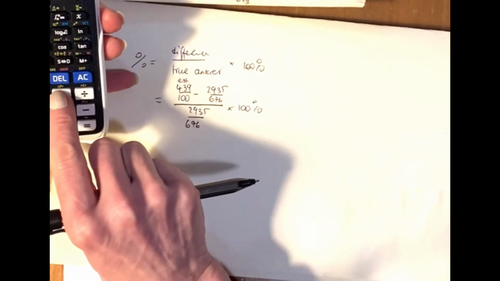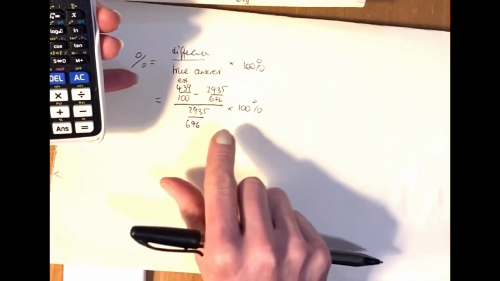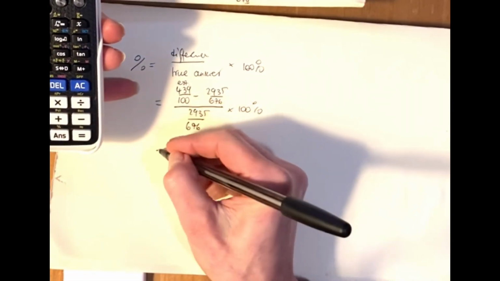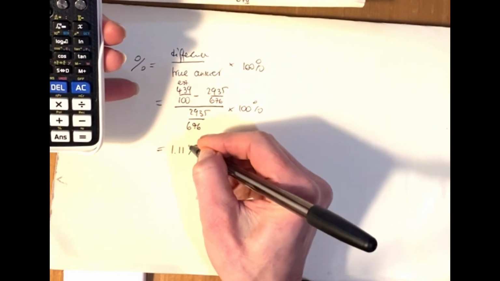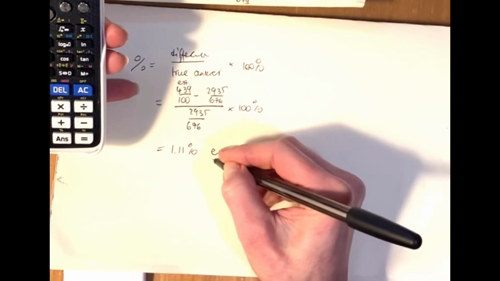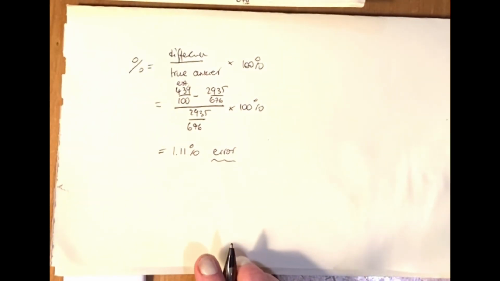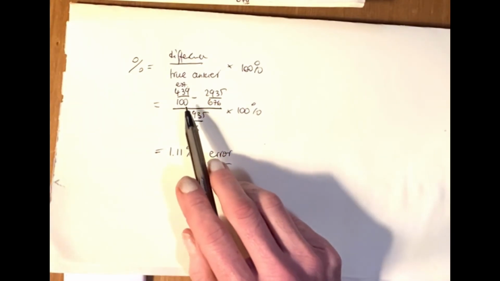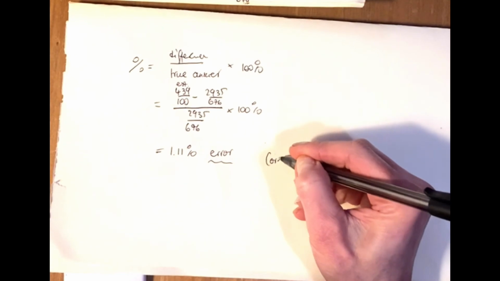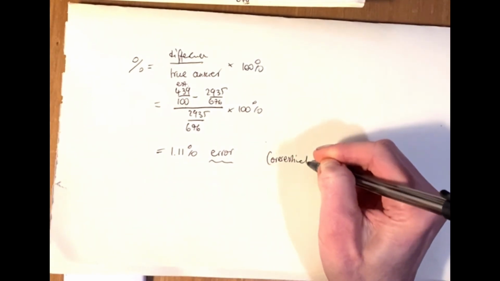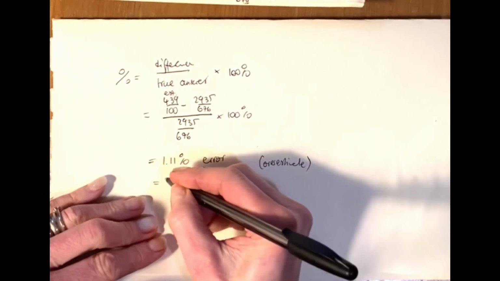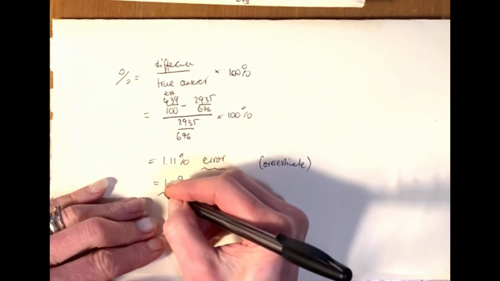Multiply that by 100%, so it's 1.11% error. That represents an overestimate because the estimate was bigger than the true answer, just in case they ask. They are not asking in this question. Also, it gives you two significant figures, so it's 1.1.